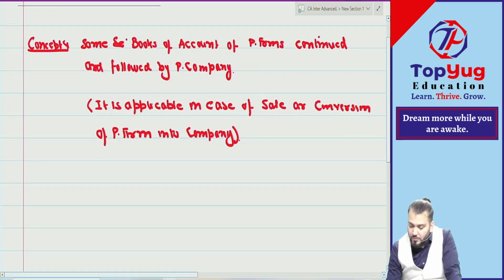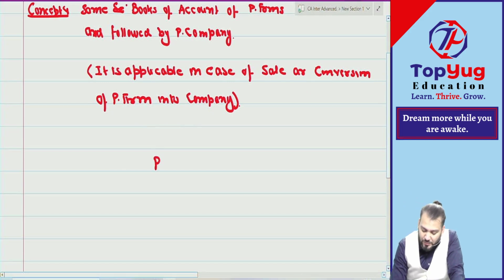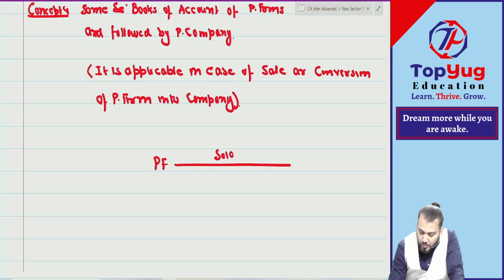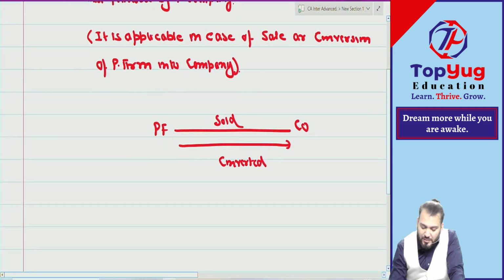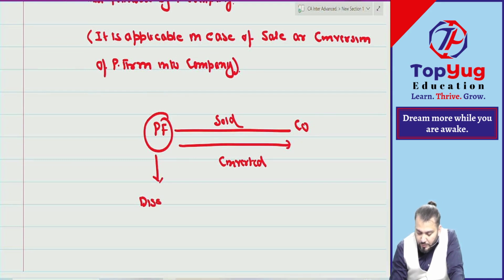Right now we have done partnership firm either sold to a company or converted into company. Can I say in both cases this will be dissolved? This will be dissolved.